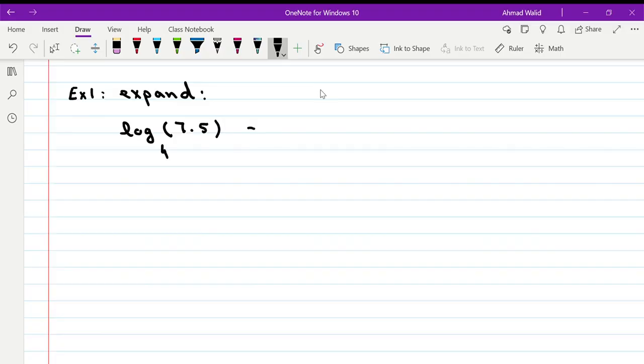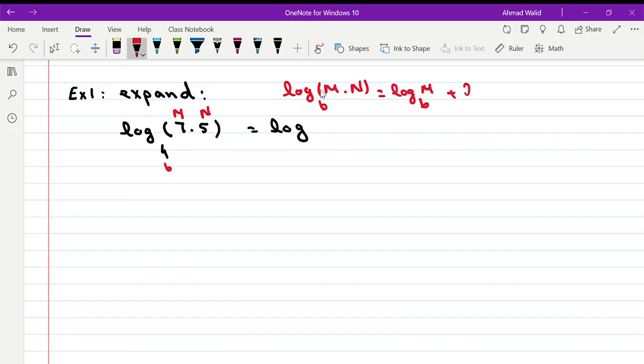To expand this, I see it's a product rule. 7 is your M, 5 is your N, and 4 is your B. You have your formula that log of M times N base B equals log of M base B plus log of N base B. Then I'll just apply the rule. I can write log of 7 base 4 plus log of 5 base 4, my final answer.